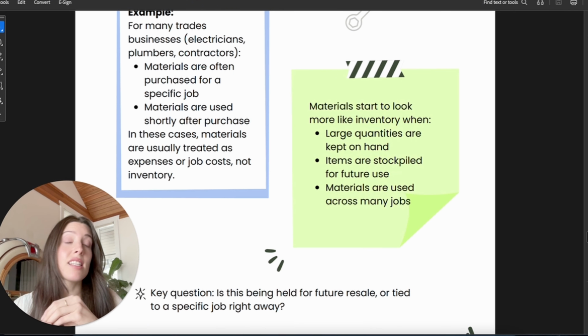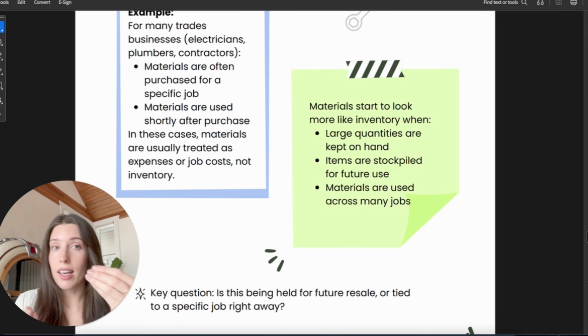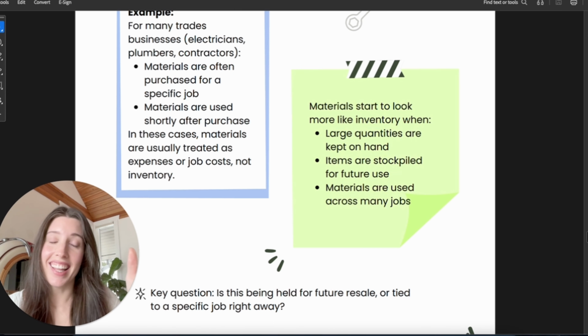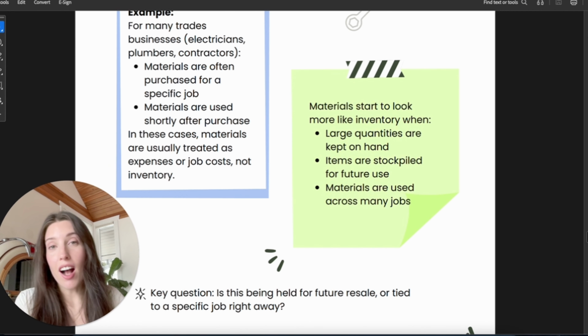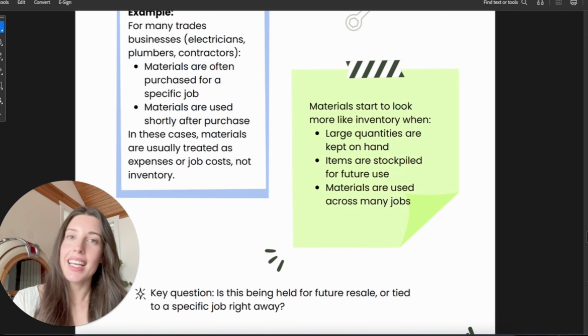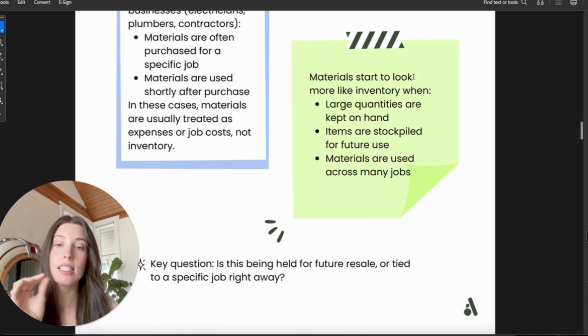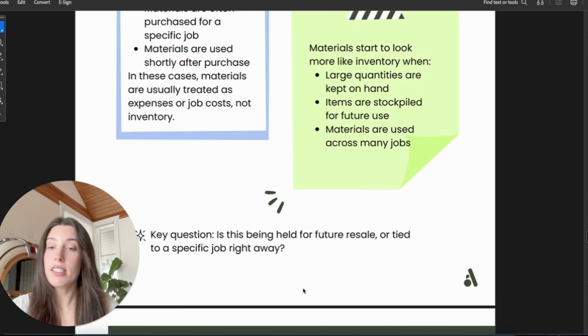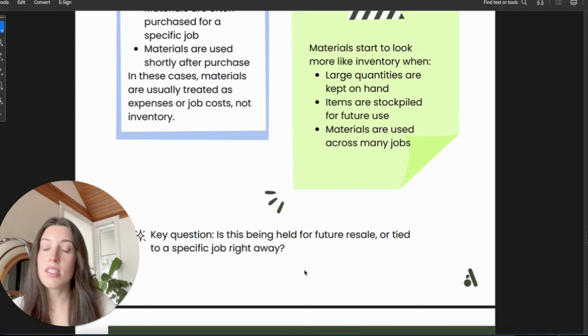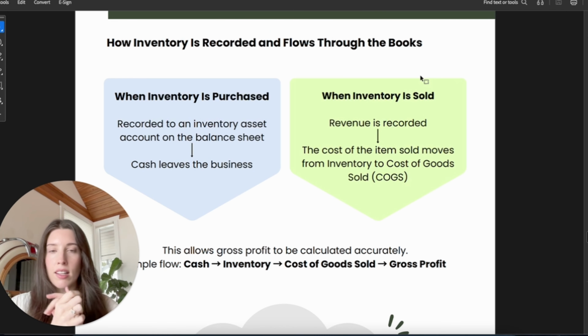But if he's buying something super specific, like a light switch, I'm not an electrician, for that specific job, then it would probably be an expense rather than inventory. So the key question to ask is: is this being held for future resale, or is it tied to a specific job right away?